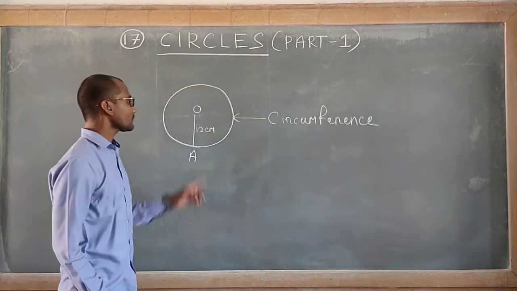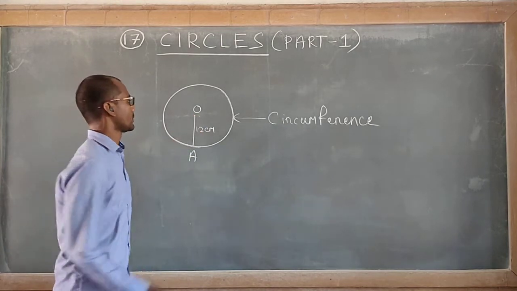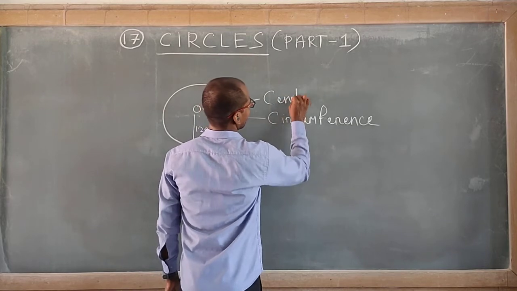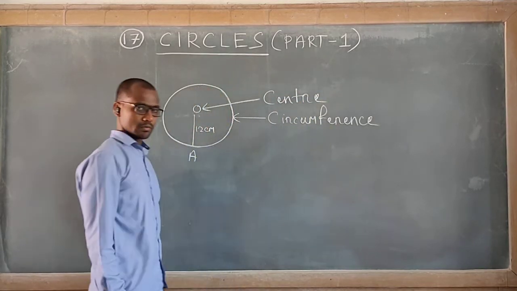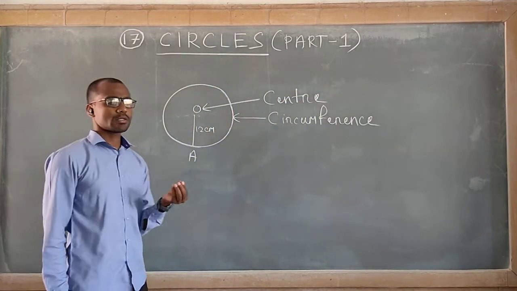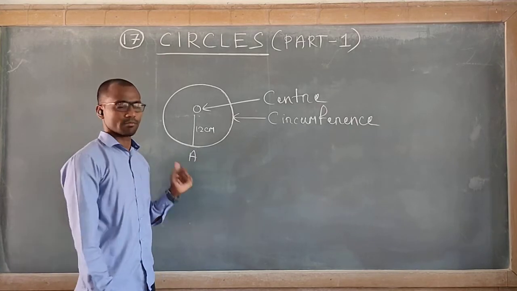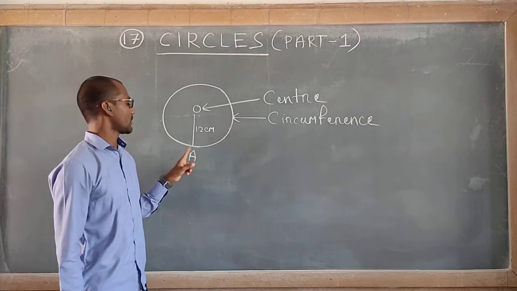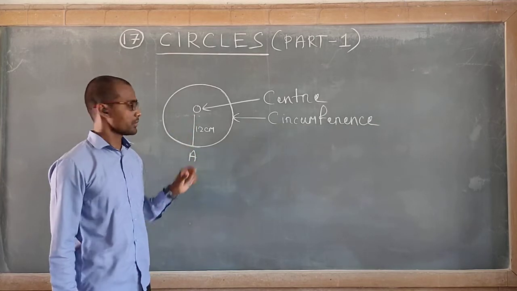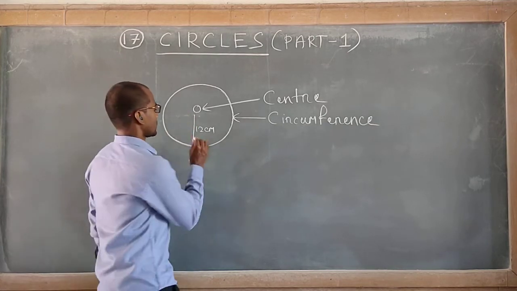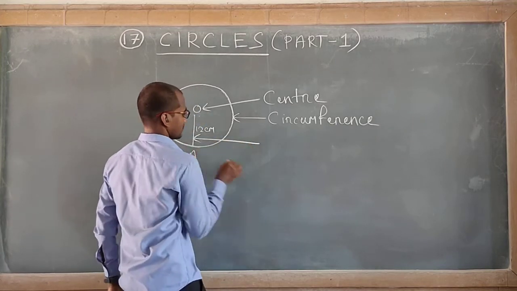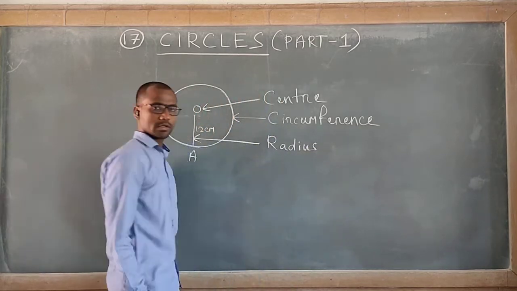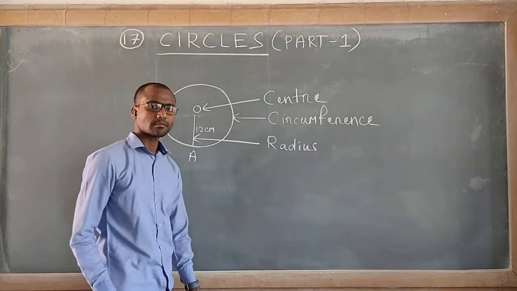This fixed point O is called center, and the distance of any point on the circumference from the center, let us take the point A, the distance of point A from the center O, which is 12 cm, this is called radius.